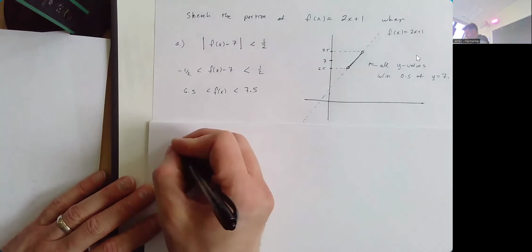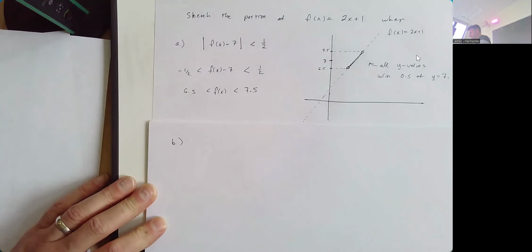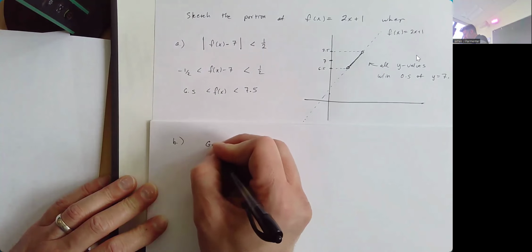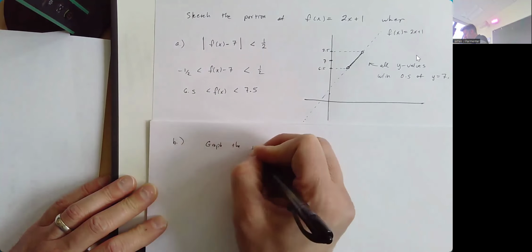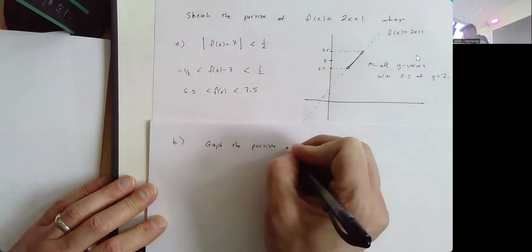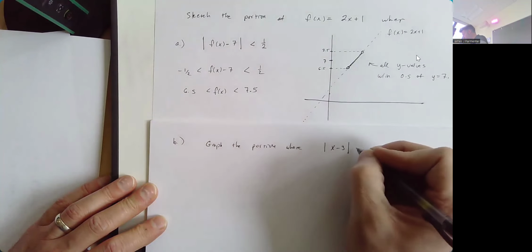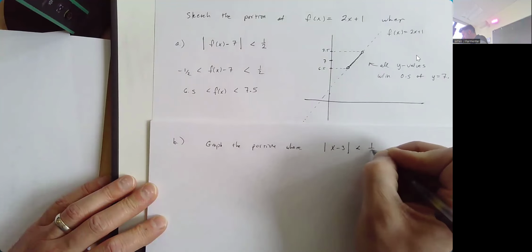Okay, part B. We also want to graph the portion where the absolute value of x minus 3 is less than 1/4. Well, again, same idea.